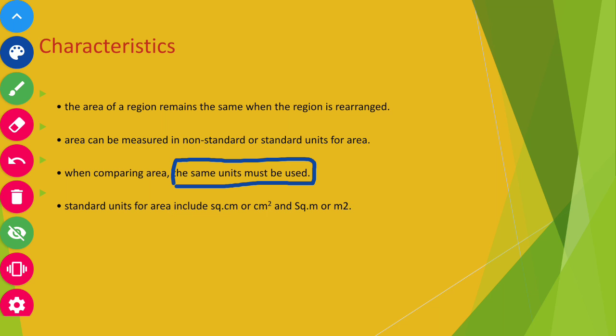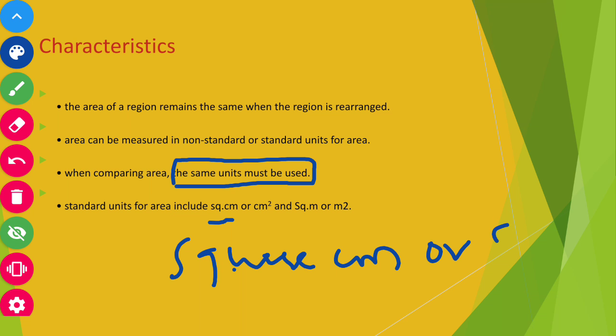Then standard units for area include square centimeter. You can write square centimeter, or sq. centimeter, or centimeter square. You need to write the 2 as a superscript.